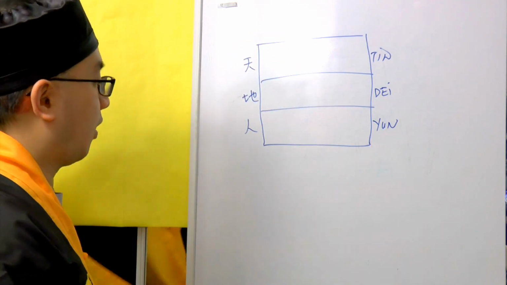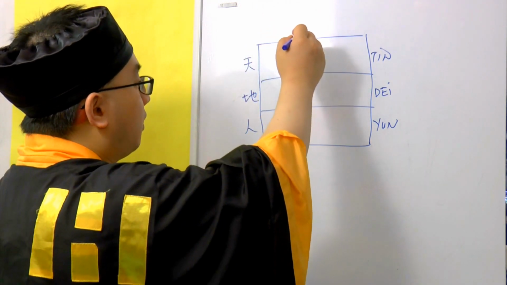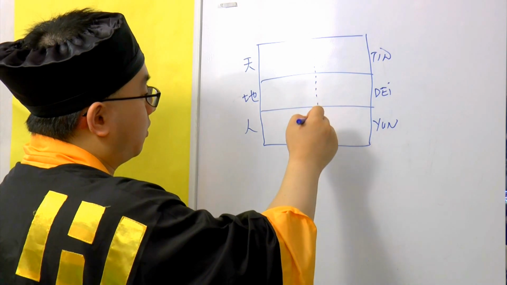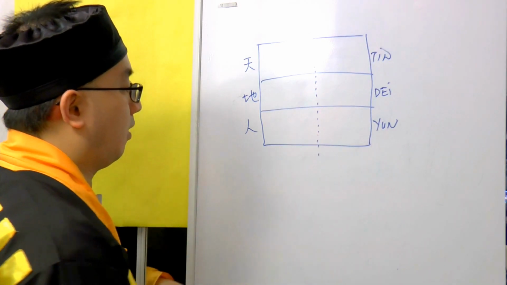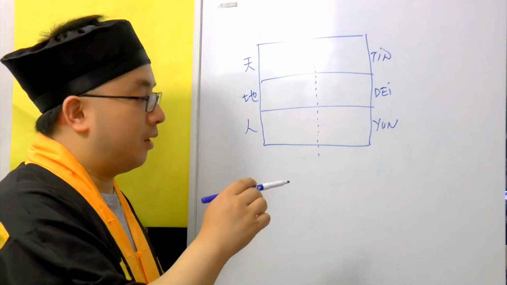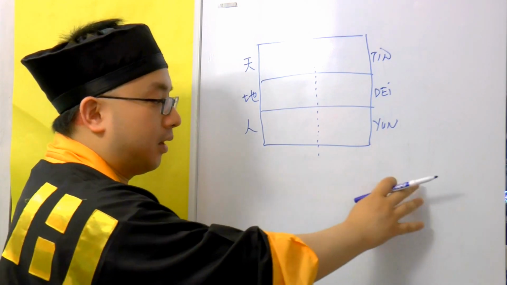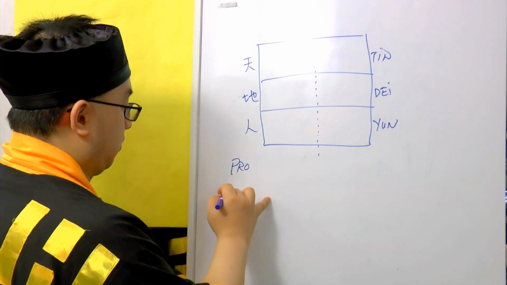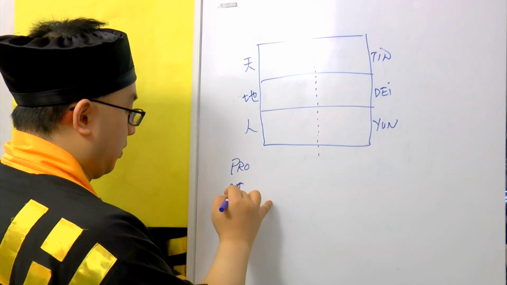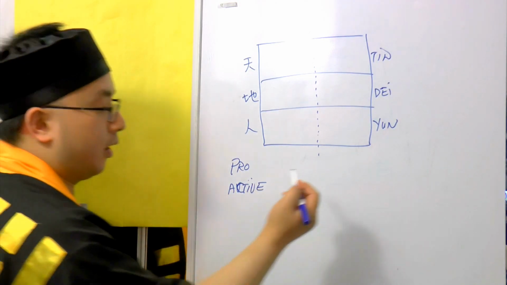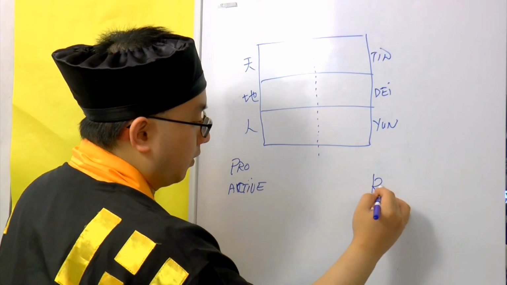Now this center line marks the center line between the proactive side and the responsive side.